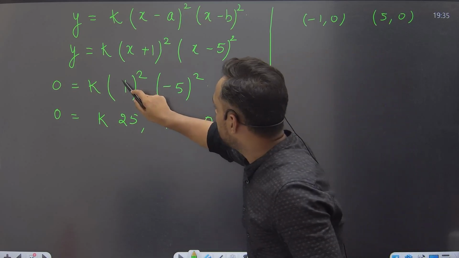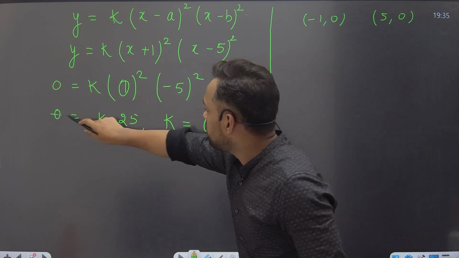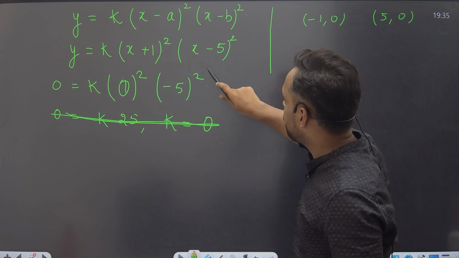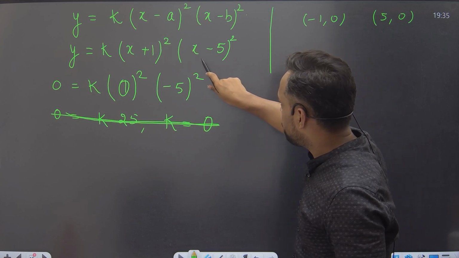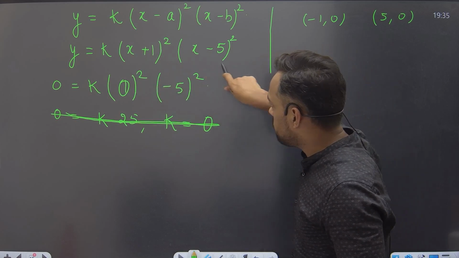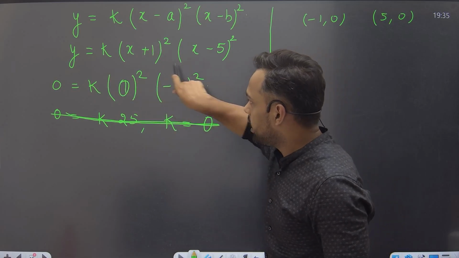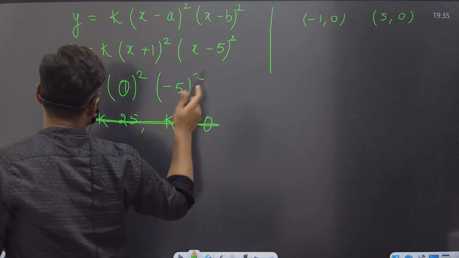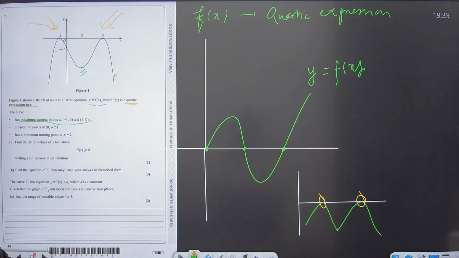Sorry, here you will get 0, so you can see the expression vanishes. Similarly, if you plug in the value of (5, 0) into this equation, you will not get anything.